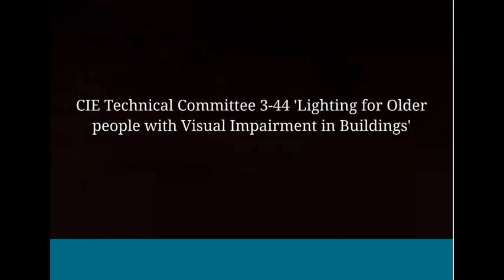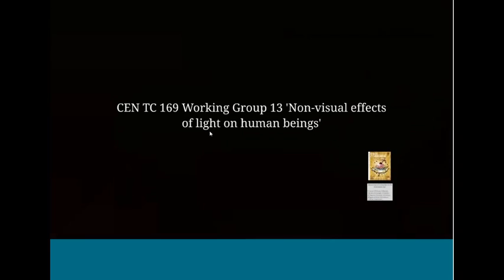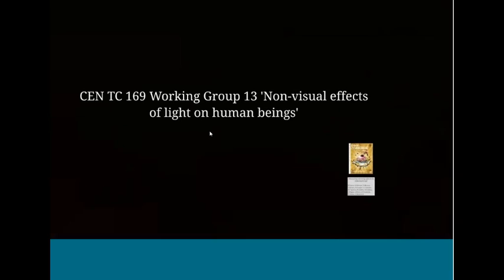This is a group that I'm involved in, around appropriate light for older people and people with visual impairment. And when you consider what visual impairment actually means, that potentially includes a large percentage of the population. There are also regional technical committees, such as this European Technical Committee.